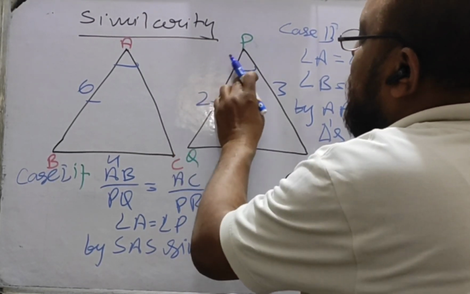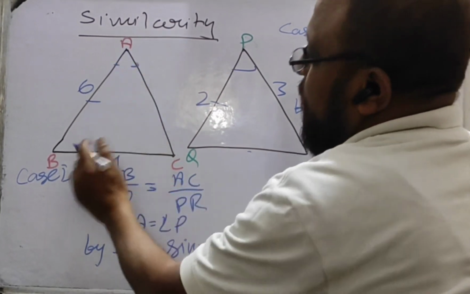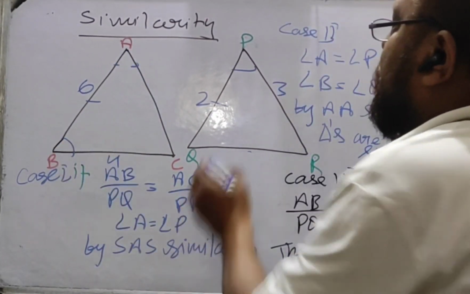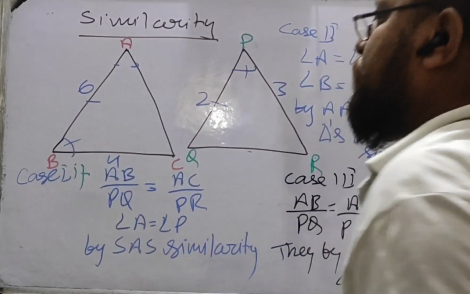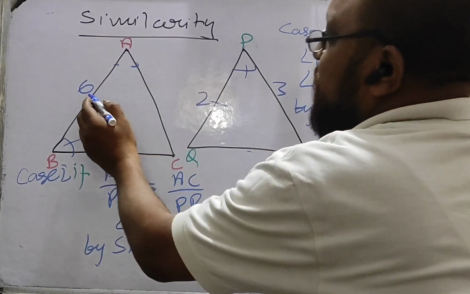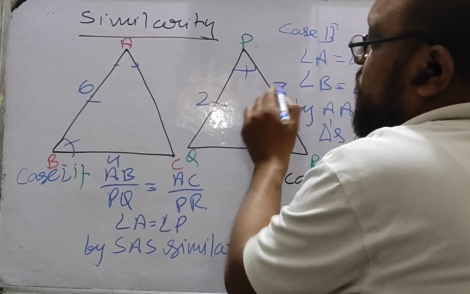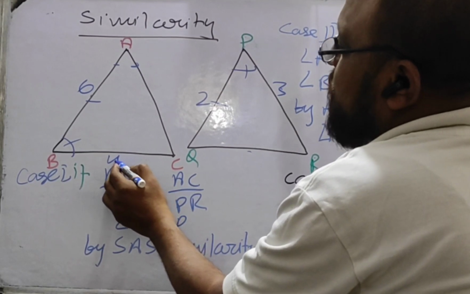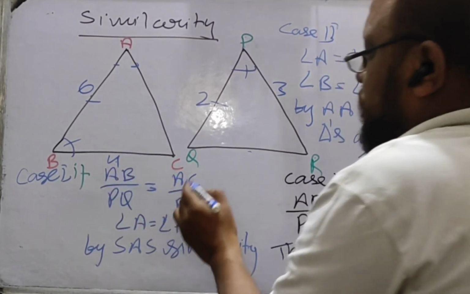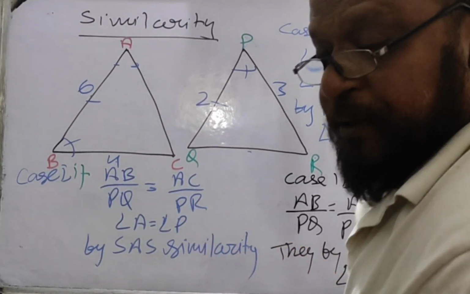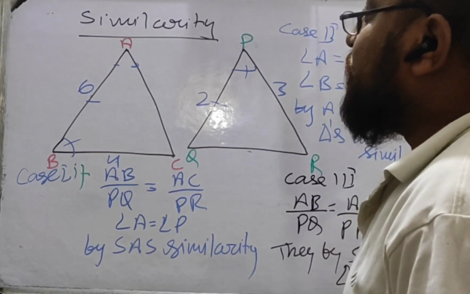And this angle and this angle are equal, angle P is equal to angle B. Well, they are similar because this corresponding side is equal to this corresponding side.